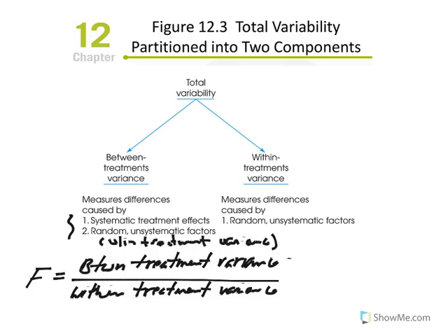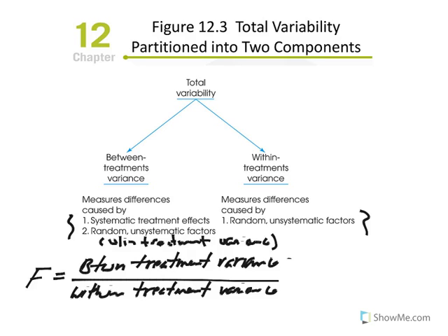The within treatment variance is explained by random unsystematic factors. Again, we see within one condition, everyone's score is going to be slightly different from the other scores. And those differences are a result of random unsystematic factors, not due to treatment, because again, it's within the treatment. And between encompasses both things, the treatment effect as well as what we refer to as within variance.